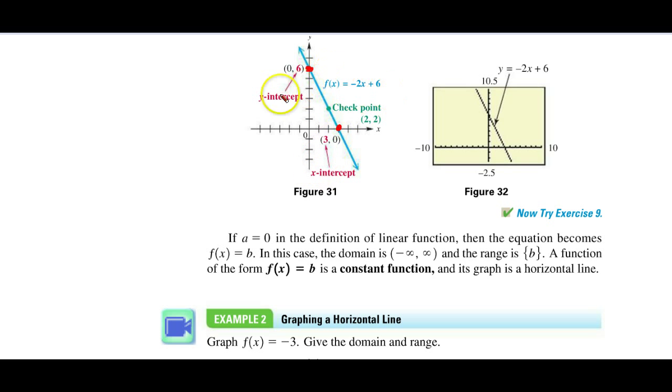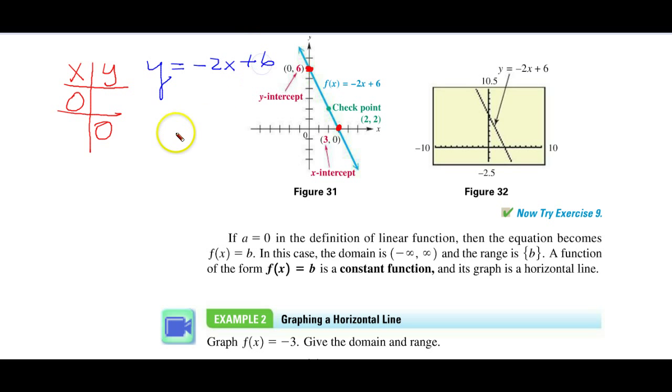Now, there's a formal way to write this, and a little tool I offer to my students is what I call an X and Y intercept t-chart, where you put X as a 0 here, and then in the next slot down you put the Y. So recall our equation was y equals negative 2x plus 6.